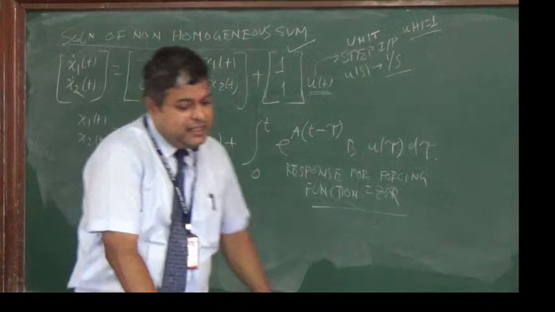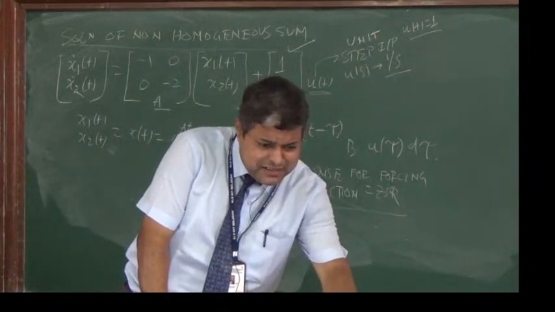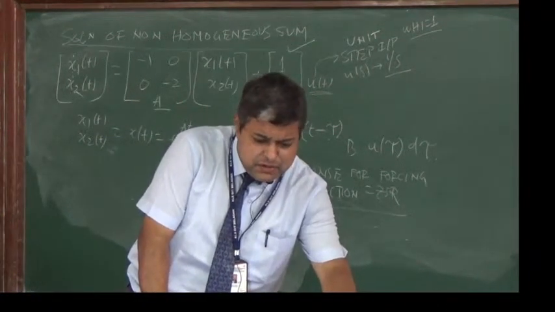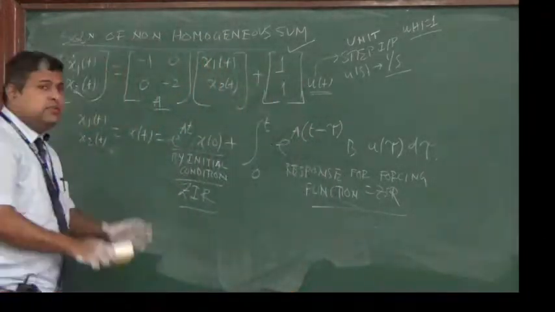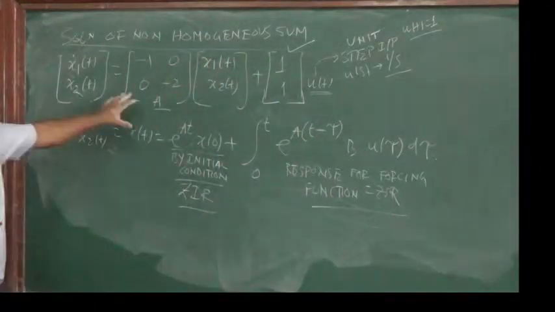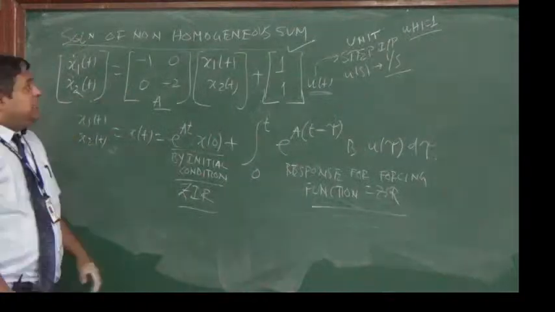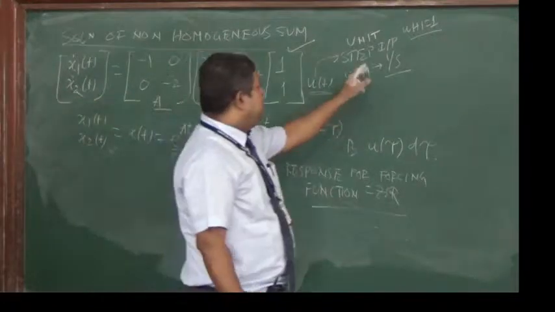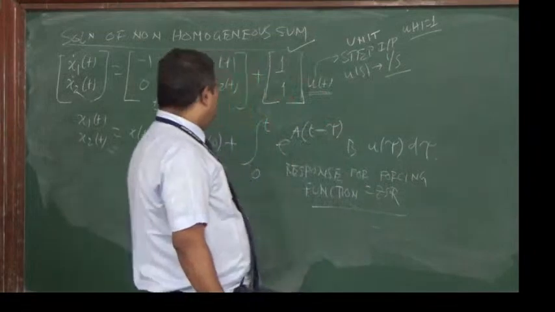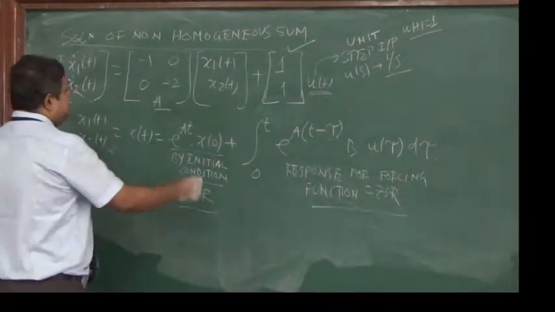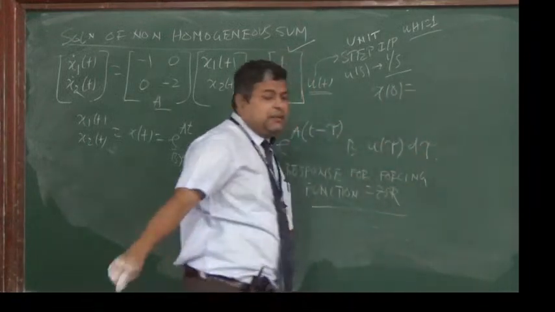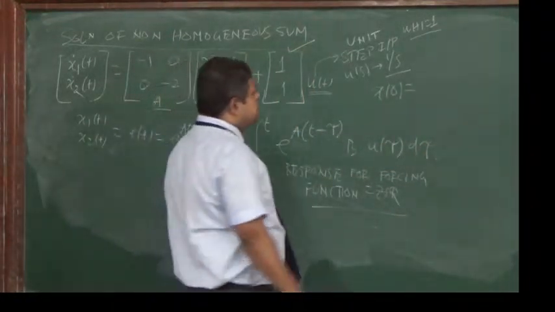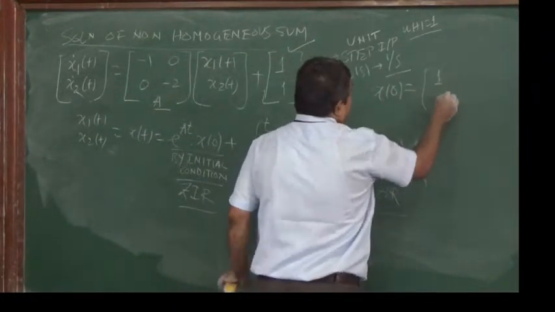Directly I will give you the state transition matrix of the system; it has to be found in the same way. Just write down the problem formulation: x1 dot(t), x2 dot(t) is given by the A and B matrices. The input is 1 by s, the unit step. One more thing is required, that is x0. x0 has dimension 2 by 1 and is given as [1 0].